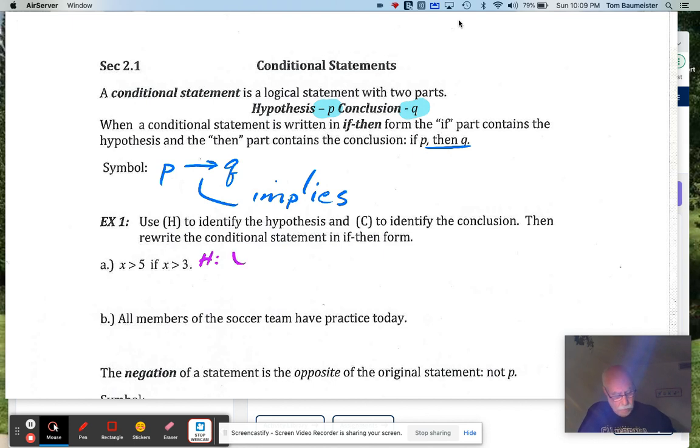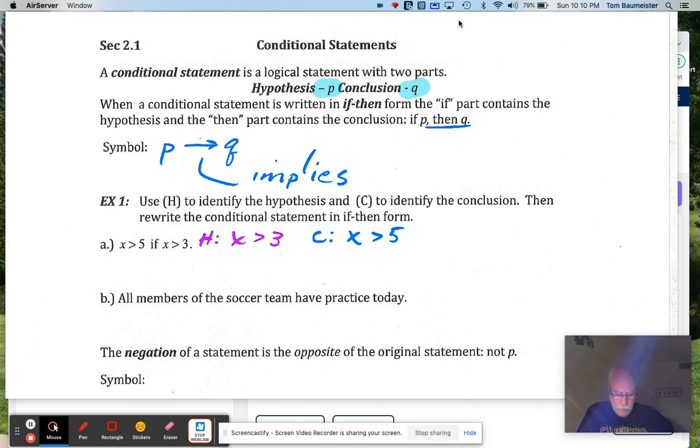So on that one there, you would have X is greater than 3. Your conclusion will be X is greater than 5. And then to write it in if-then form, you would say if X is greater than 3, then X is greater than 5.